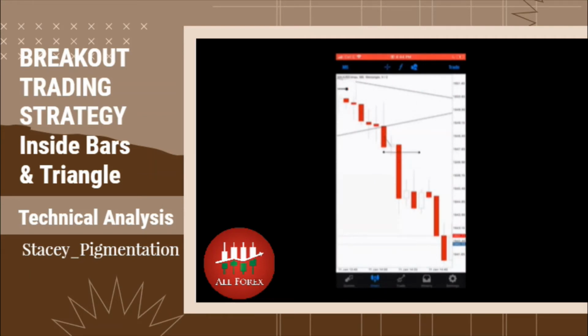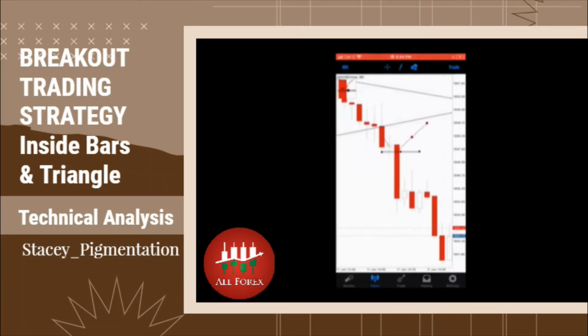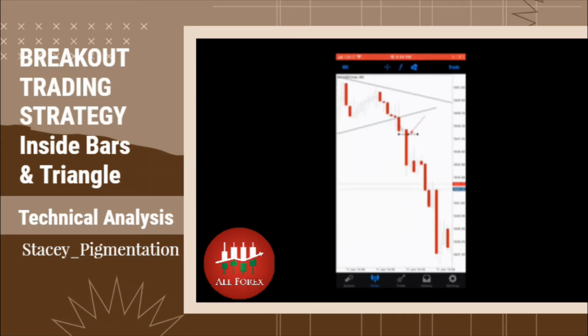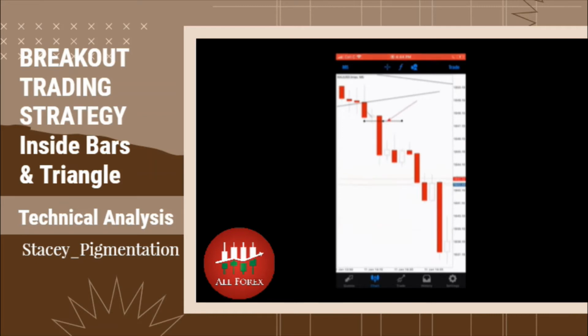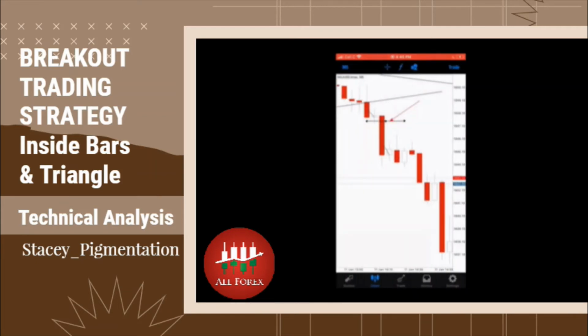So I will put my pending order at this price, which is the low, which is 1847. When the price touches that line, it is going to trigger. So this could be my first entry. Right here, I could have my first sell entry. Moving forward, it gave me another confirmation of an inside bar, which is this one. I do the same thing.